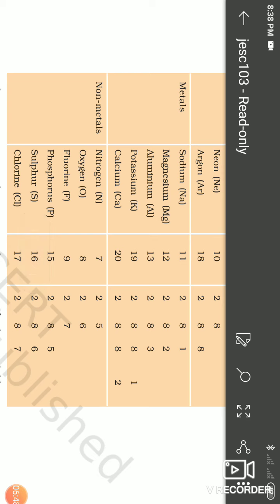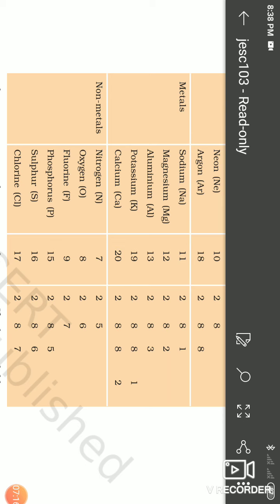Here the ionic compound sodium chloride is formed when sodium reacts with chlorine. The atomic number of sodium is 11. In the outermost shell, the M shell, there is one electron.